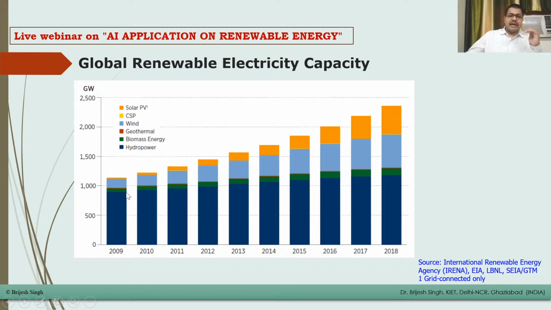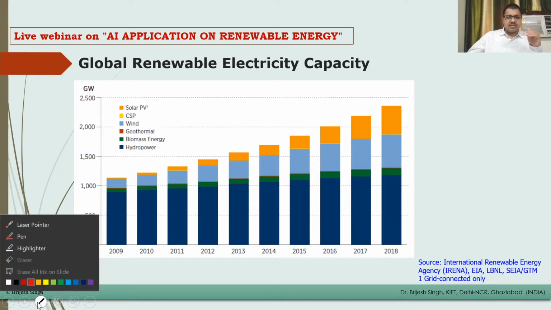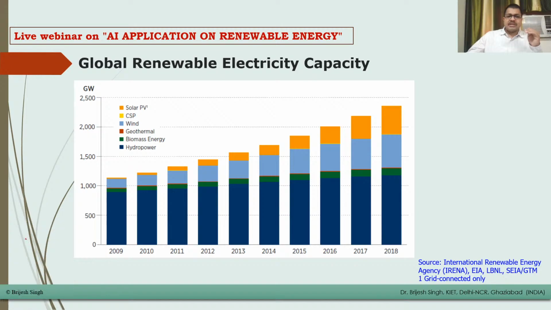At the same time, if you talk about biomass energy, its growth is also not as much as we are looking for. But solar and wind have both grown rapidly worldwide.